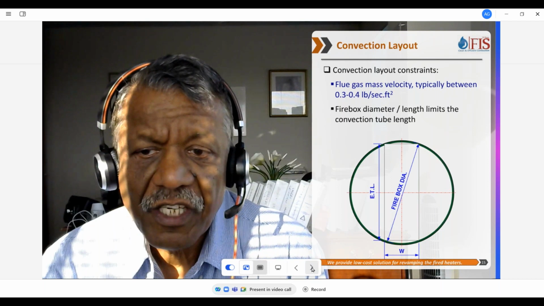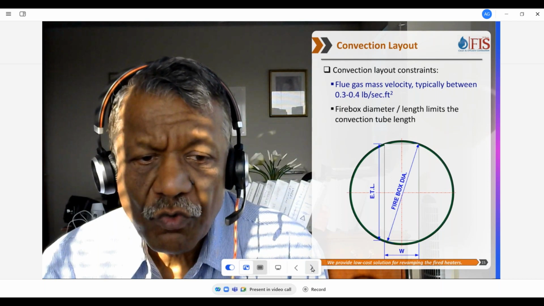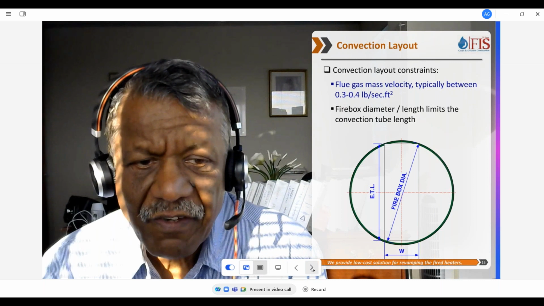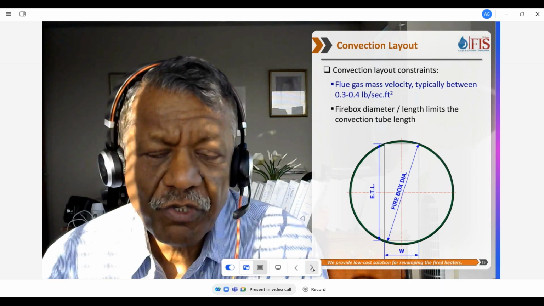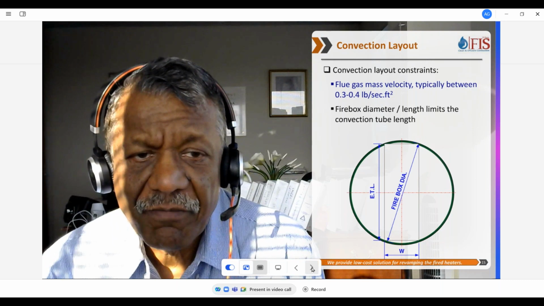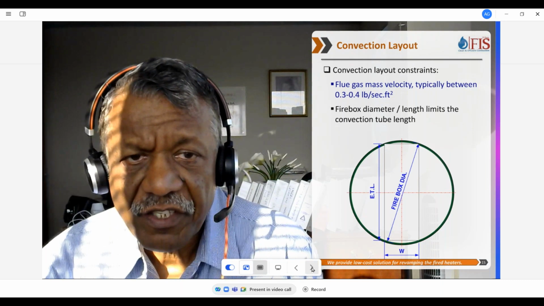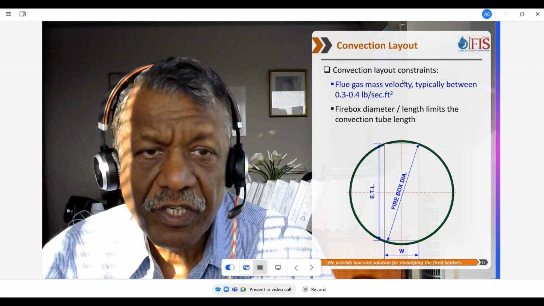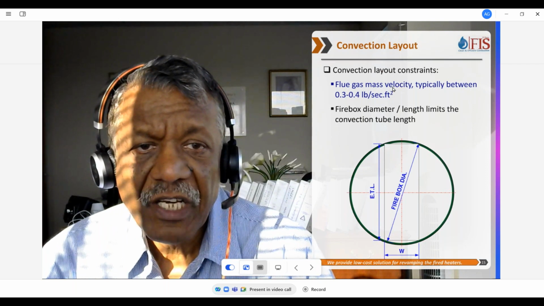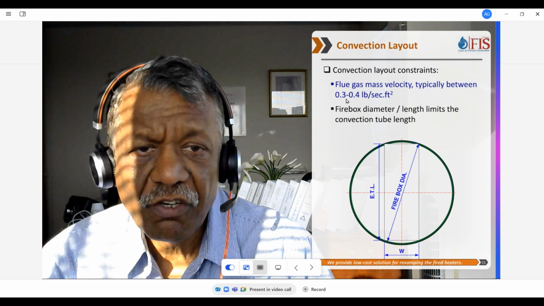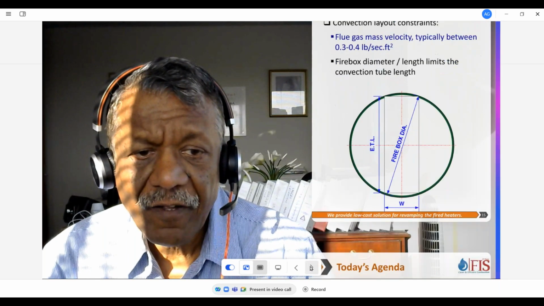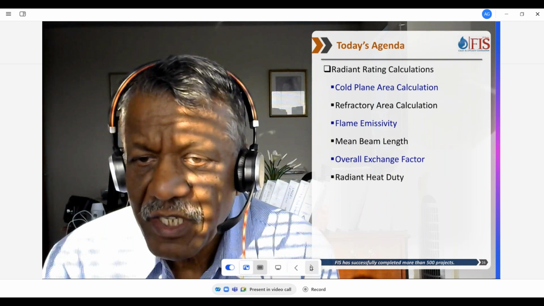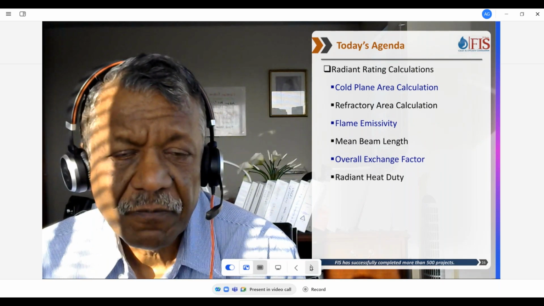So as a result, we have to develop the preliminary convection section layout. And here you can see we developed this and came up with the convection section design. What you need to do is maintain a minimum flue gas mass velocity of around 0.3 to 0.4. We did that, and we came up with the convection section design also.